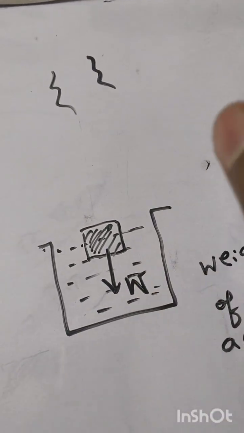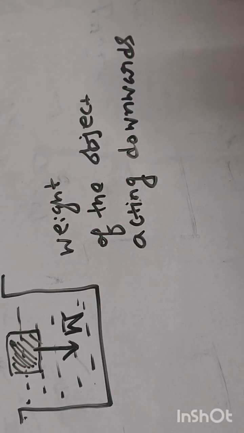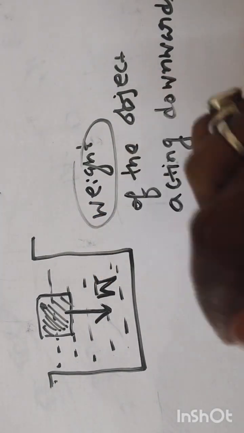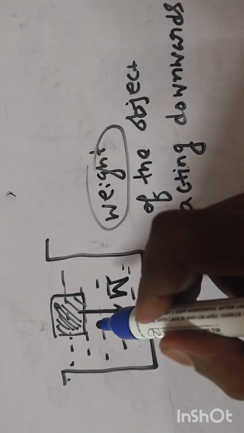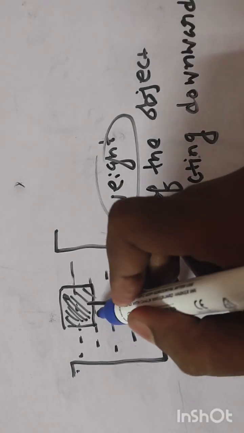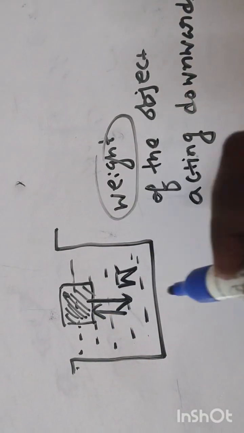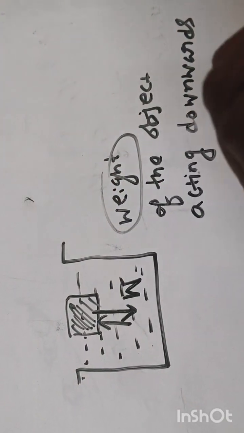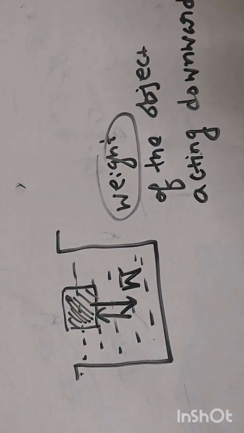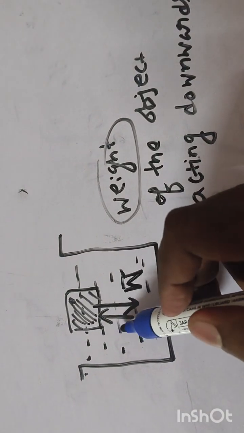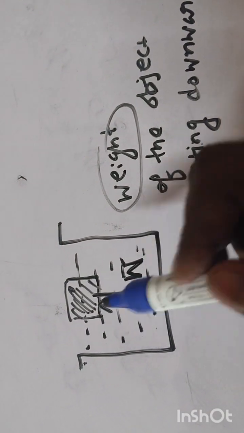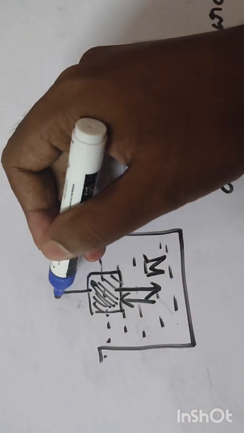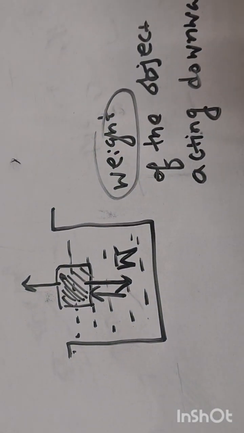Now whenever the object is trying to go downwards due to its weight, some force by the liquid is acting on the object upwards. I'm repeating it again. Due to the weight, the object is sinking downwards, and the liquid is exerting force in the upward direction.